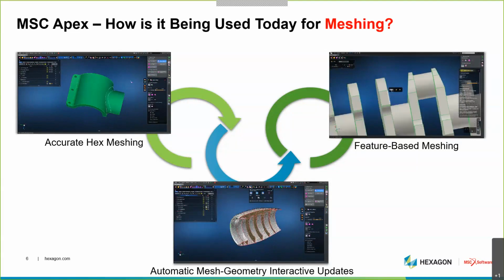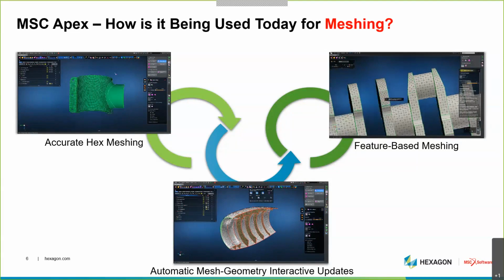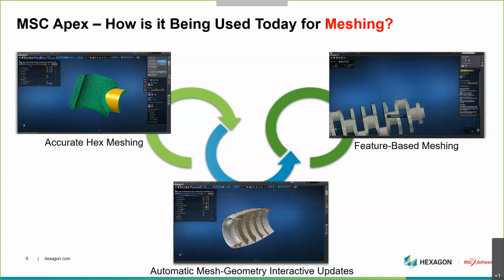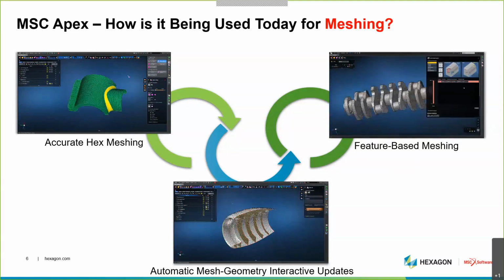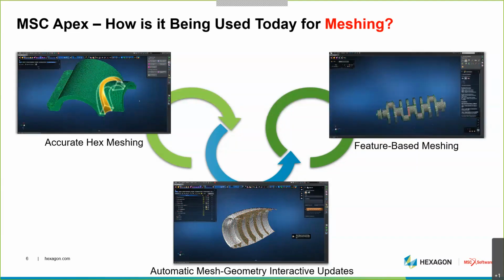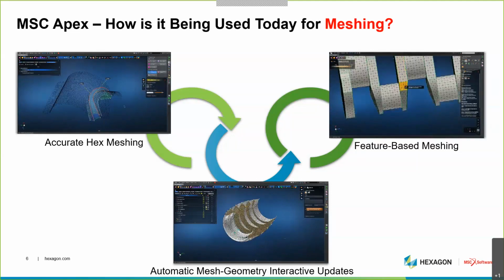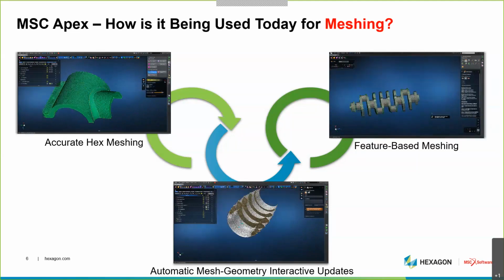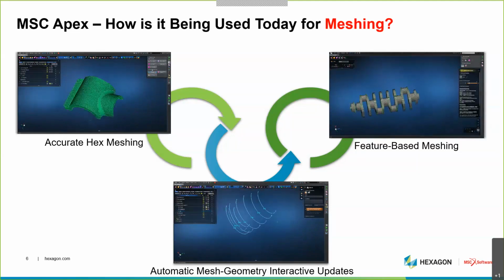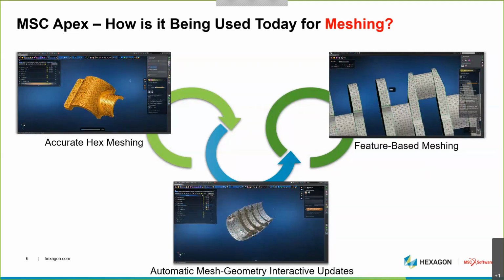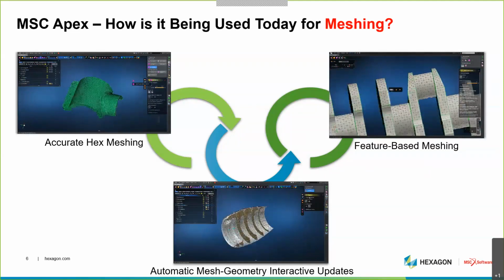But things like hex meshing and being able to diagnose why it's not able to be hex meshed, or just having immediate feedback on how to mesh things like automatic washers around fastener holes, things that we've wished we had for the last 20-30 years, and finally now Apex has stepped up to the plate and delivered those technologies that we've been asking for. So people love and use Apex for that specific purpose.